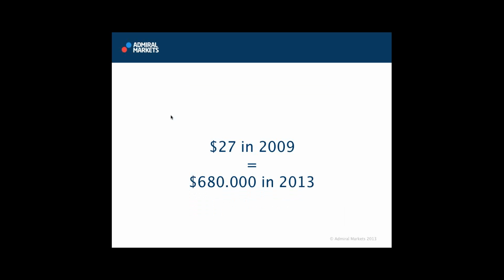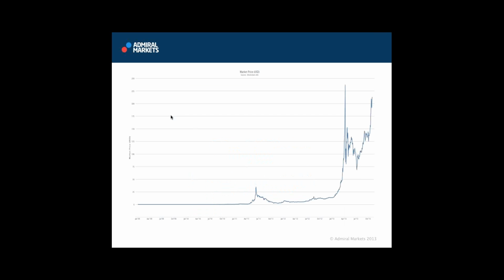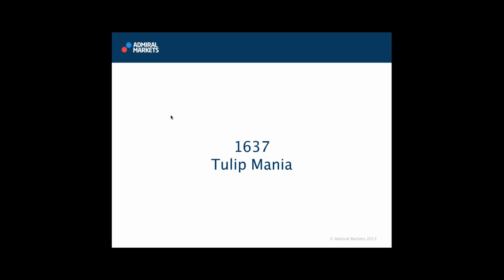In 1637, tulips were what bitcoins today wish to be. Tulips were one of the highest priced commodities. The entire time period around 1637 was called Tulip Mania. At one point during the Tulip Mania, 12 acres of land were offered in exchange for one tulip bulb.